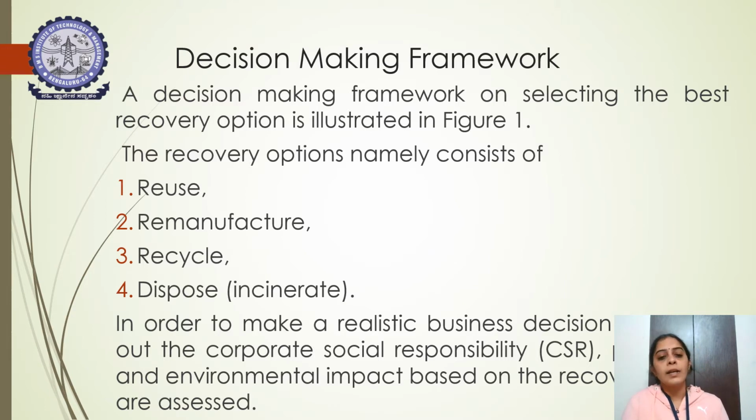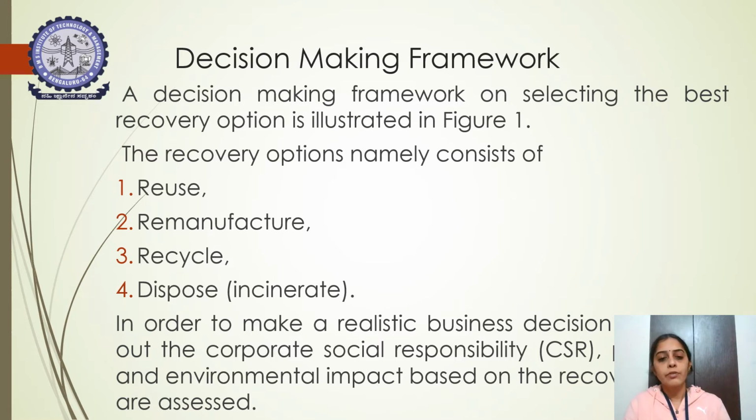And the fourth one is just disposing the product, saying that it is scrap: it cannot be reused, remanufactured or recycled. This happens when the material is toxic and not eco-friendly, or the profitability might not be high, or the customers might need other changes in the product. So based on these options, people will decide whether it has to be recovered or not.